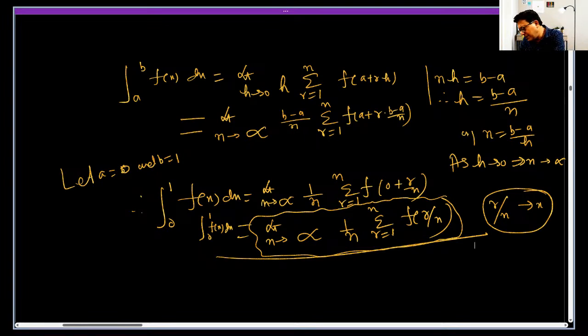I have just replaced h by b minus a by n. Isn't it? Then a to b f(x) dx is this thing only.